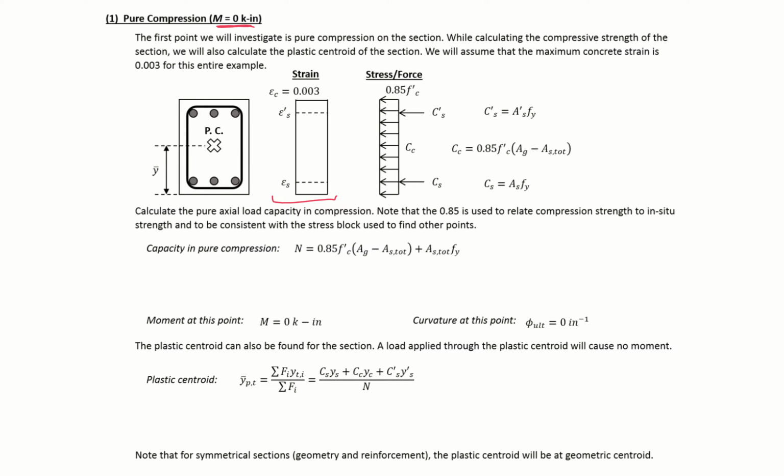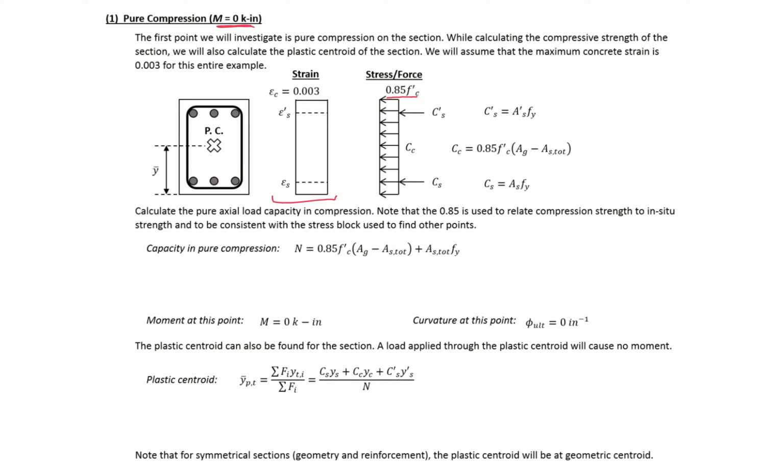And we're also going to assume that the maximum stress in our concrete will be 0.85 f'c. We use this as it allows us to be consistent with our other points where we're using our rectangular stress block approximation. And it also is a good relation between the compressive strength of a cylinder and the in situ strength of a column.